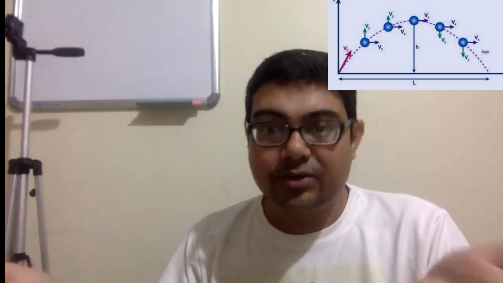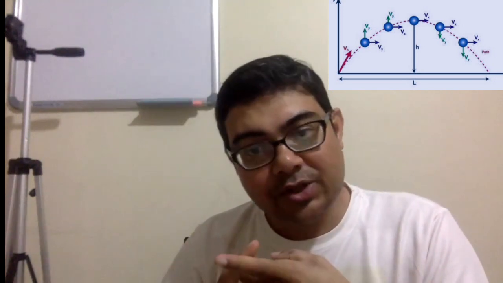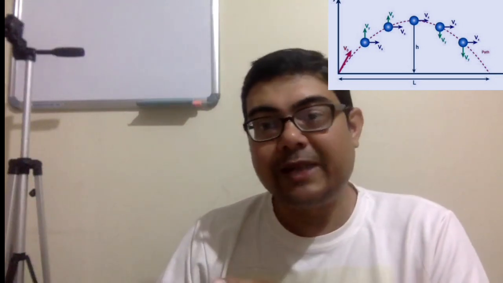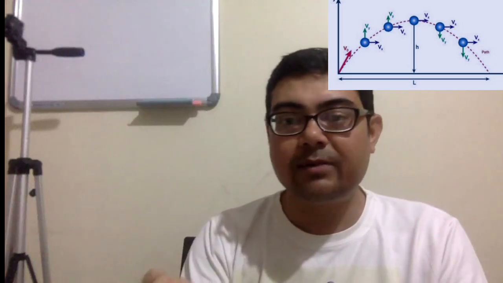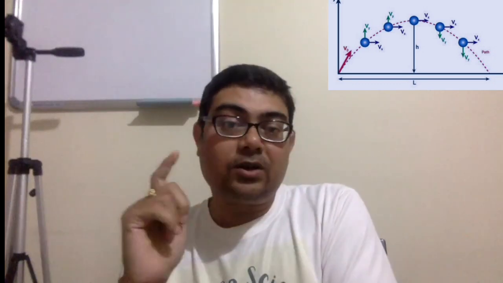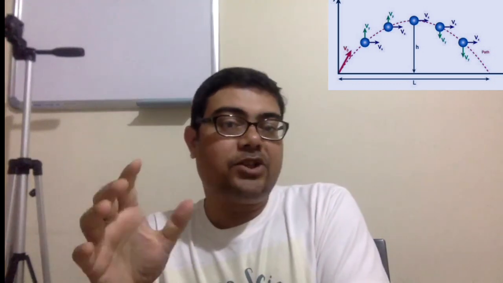We have to express the equation in terms of y direction motion and x direction motion. So if you express it, then the equation becomes the parabolic equation. But for that, you have to measure the time first.